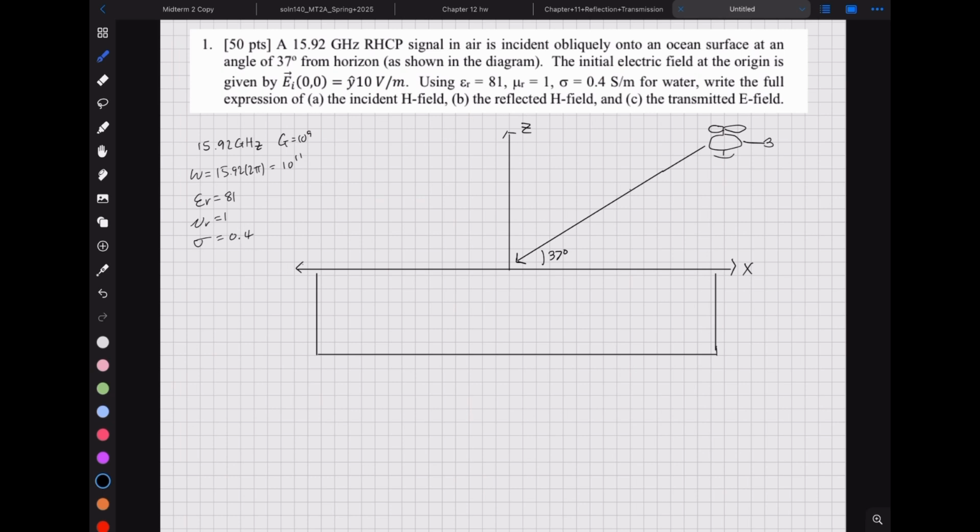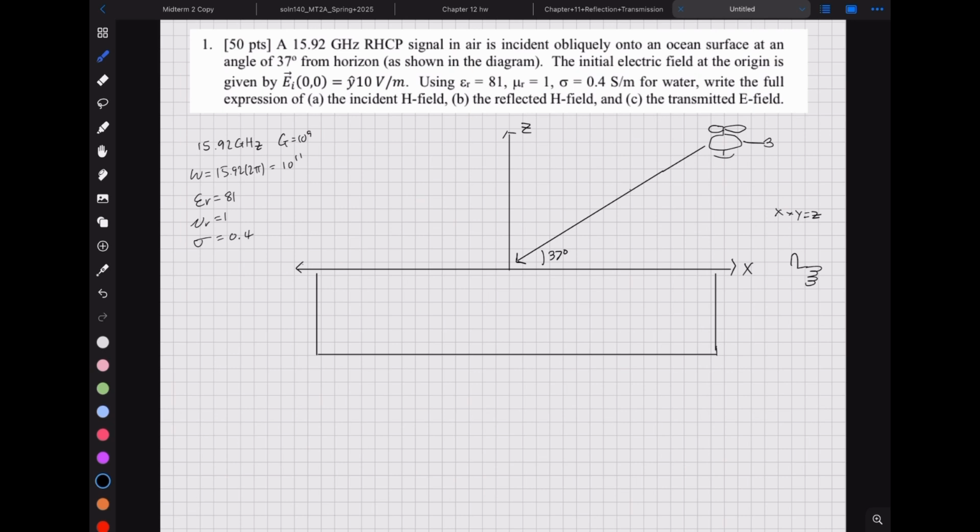Next, the other given is our E of I. So we're going to use our right hand rule. Our fingers are going to be pointing this way, and our thumb is going to be pointing up, because x cross y equals z. So fingers crossing this way, z, thumbs pointing up.